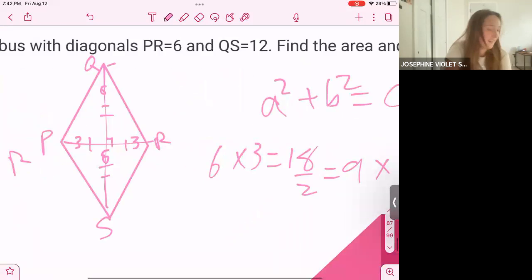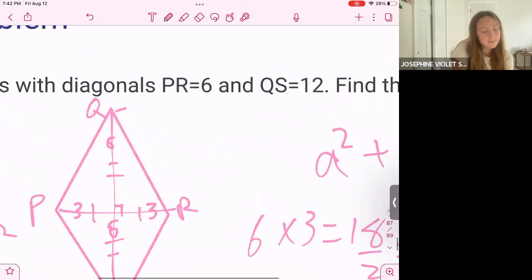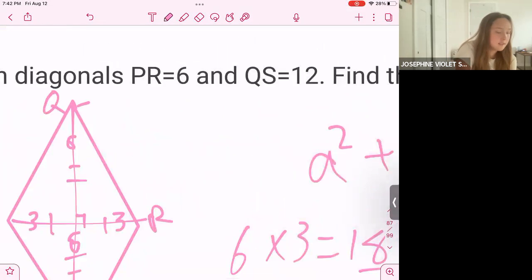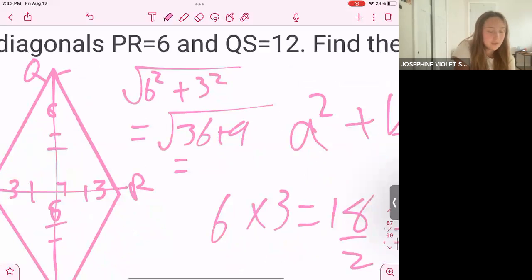Thanks, Aaron. For the perimeter, we would use the Pythagorean theorem, which tells us that the side length here would be equal to the square root of 6 squared plus 3 squared, which is also equal to the square root of 36 plus 9, which is 45.